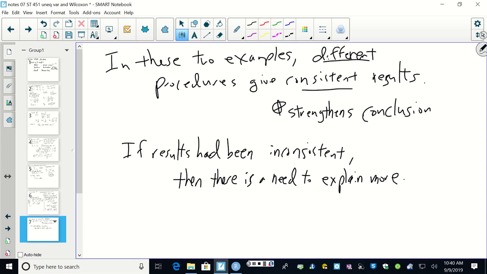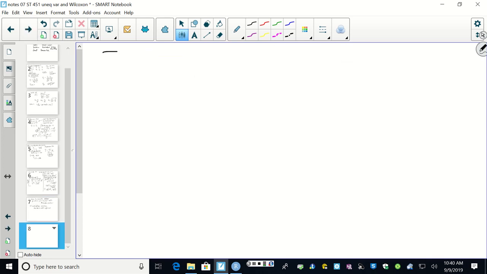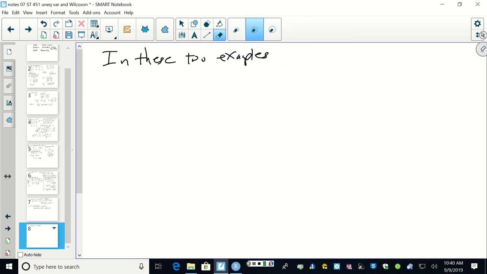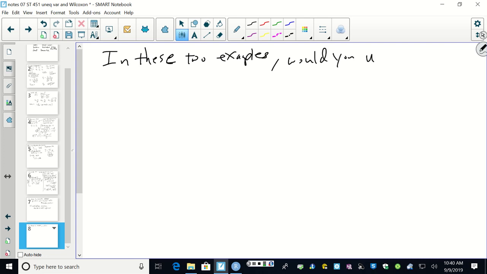So, one other thing to think about with these examples. In these two examples, this one, would you use two independent samples?